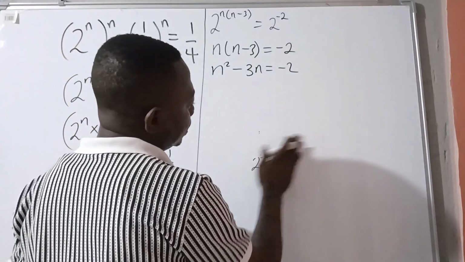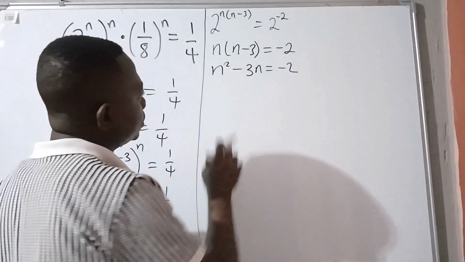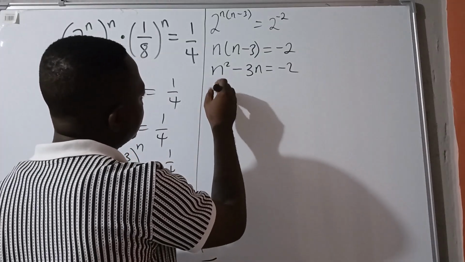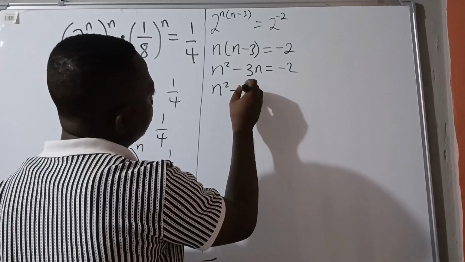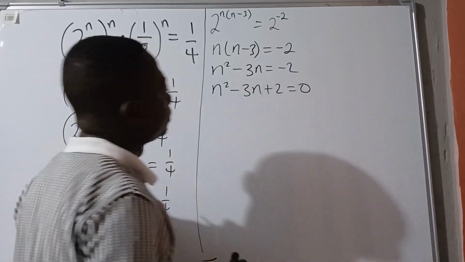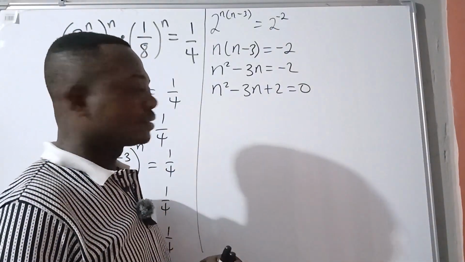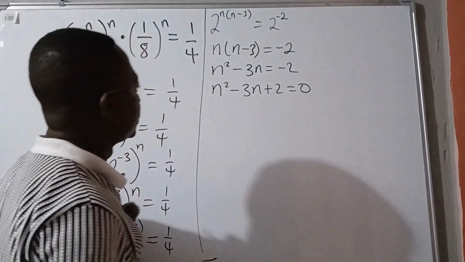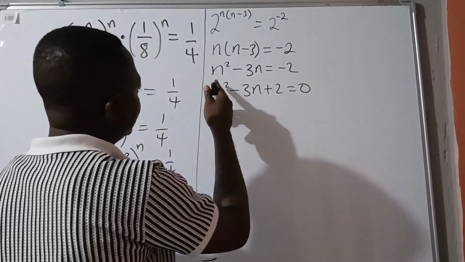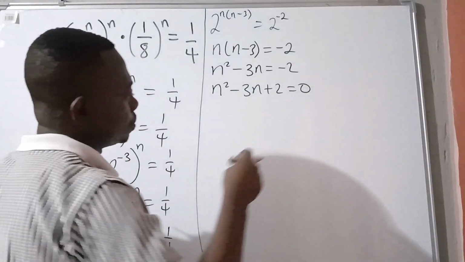Now this one is a quadratic, so let's arrange it: n squared minus 3n plus 2 equals 0. Can we go by the method of factorization? Let's try. I'll multiply the coefficient of n squared by the constant, that is 2.